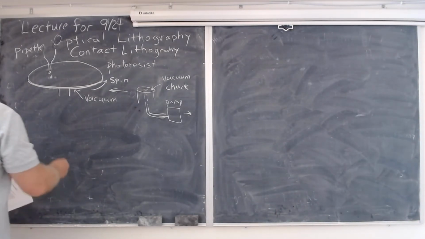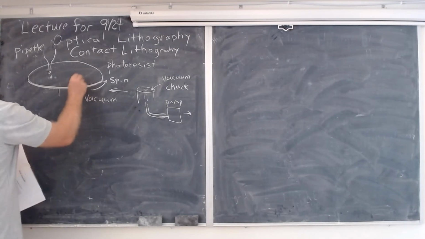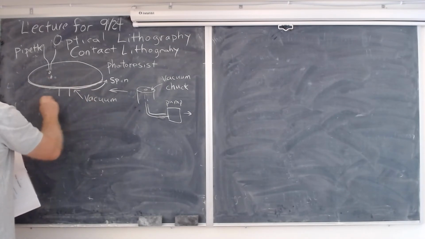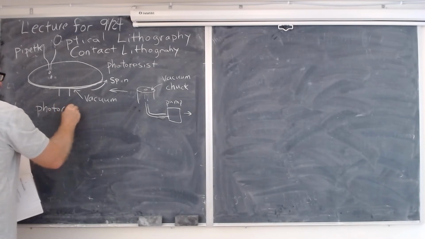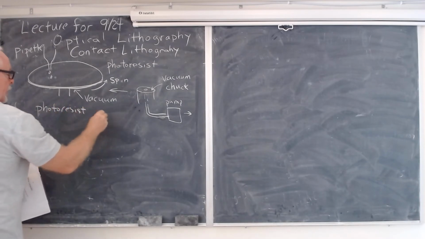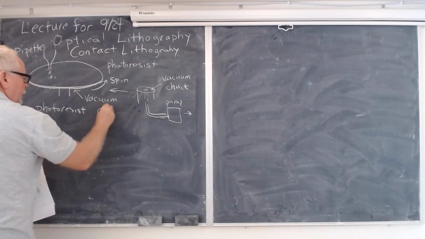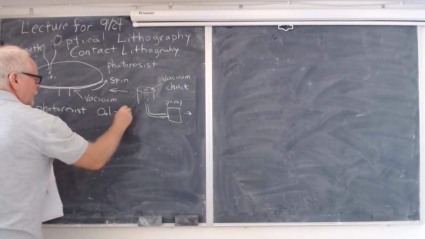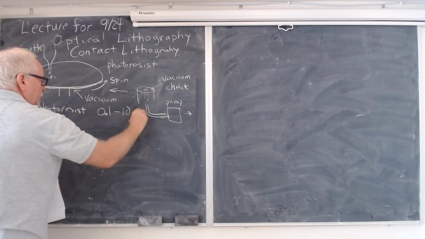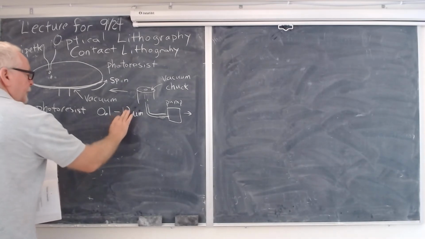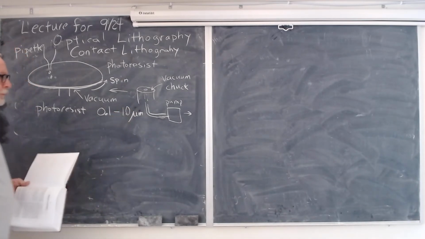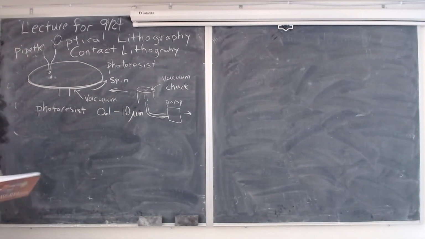So then you're left with a photoresist layer, and typical thicknesses can be anywhere from a tenth of a micron to 10 microns thick. That depends on what you're using the photoresist for.